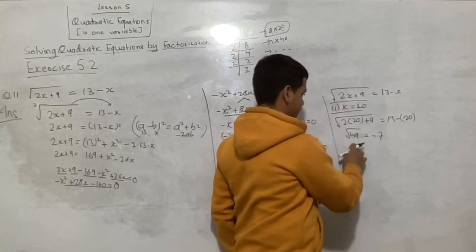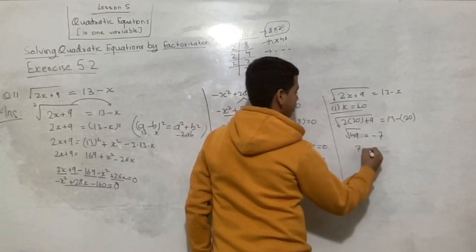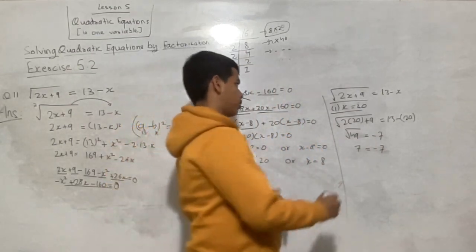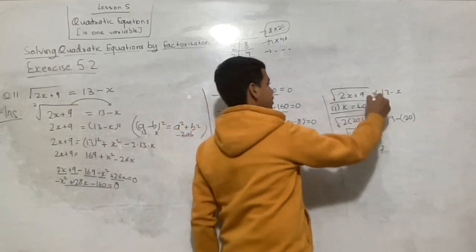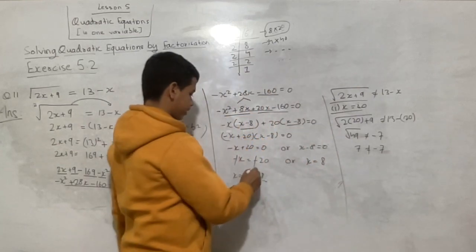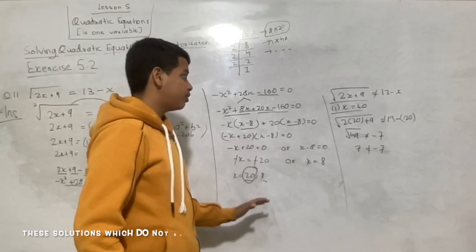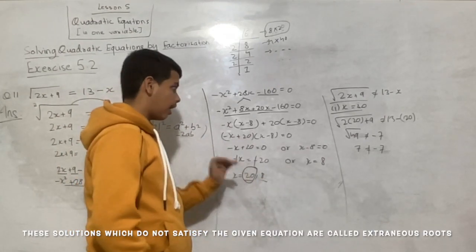Now when you take the square root of 49, here we get 7 is equal to minus 7. But is it equal? No, it's not equal. So what did we understand? That it is not equal. That means that this solution 20 is not a real solution. It is a fake solution and we should not consider this as an answer.